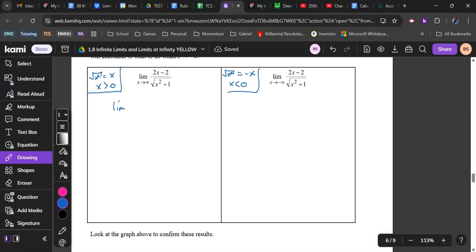Okay? So then let's actually do what we did before. The limit as x approaches infinity. And if I'm dividing by the square root of x squared, in this case I'm dividing by x. And the key here is, I know somebody's going to try and divide by x squared, but it's not x squared because it's rooted on the bottom. So we're dividing by x everywhere.